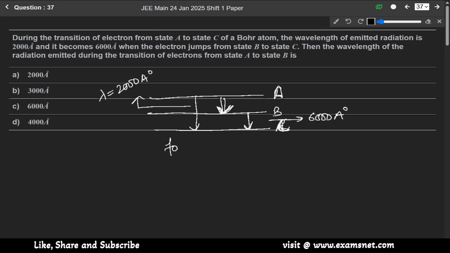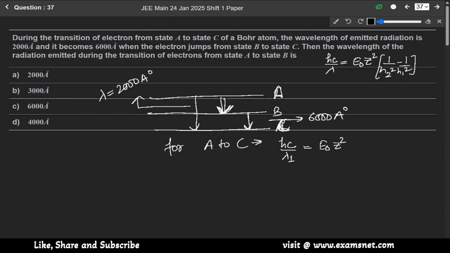For A to C, we know the formula: Hc over lambda is equal to E naught into the atomic number square into 1 over n2 square minus 1 over n1 square. So for A to C it will be Hc over lambda 1 equals E naught z square into 1 over n c square minus 1 over n a square. Let us say this is equation number 1.